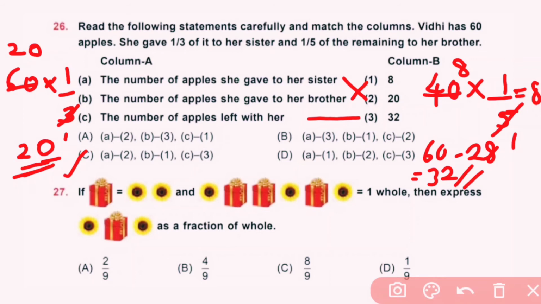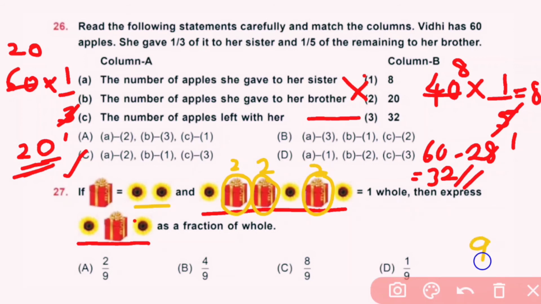Question number 27. If one box is equal to 2 flowers and this equal to 1 whole, then express this as a fraction of whole. So instead of this one box, we put 2 flower and this instead of this box 2 flower.